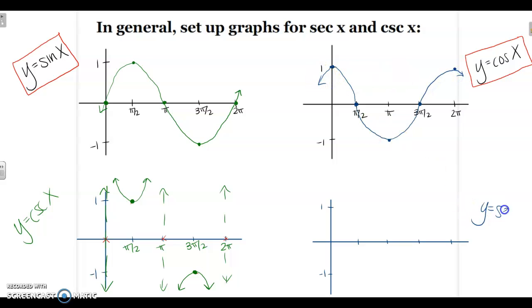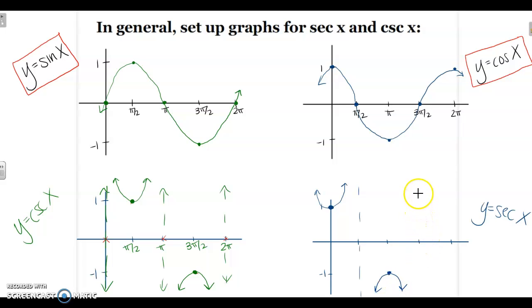So if we create the secant function, picture anywhere that you had a point off the midline, you keep that point. So there's going to be a point here, but this time it's going to open up, right? This point that was on the midline is now going to create your vertical asymptote. A point off the midline, it's below the midline, so this is going to open down.